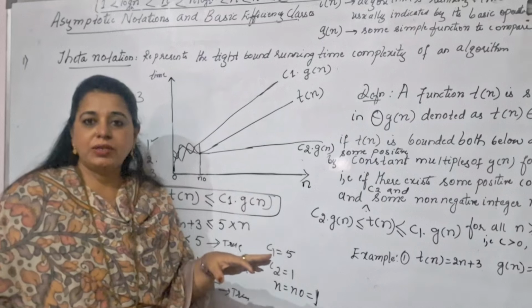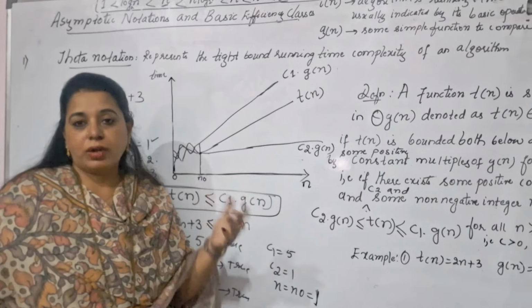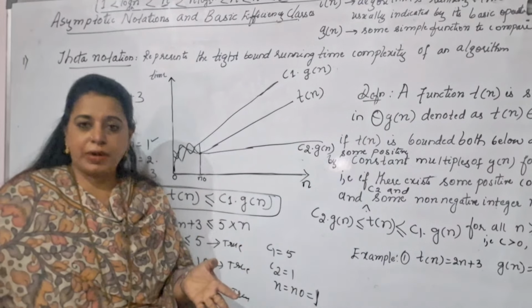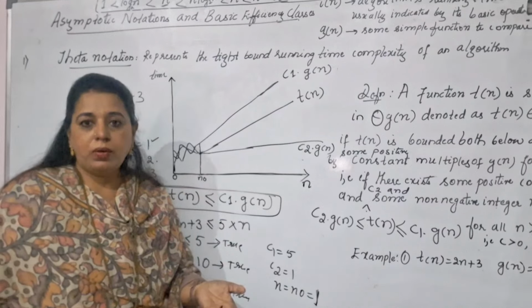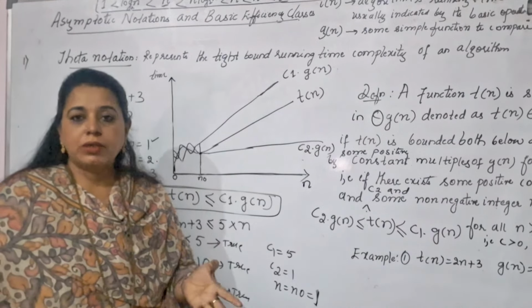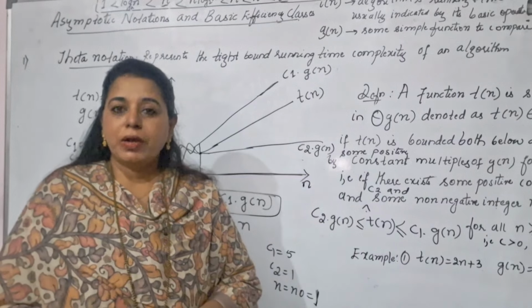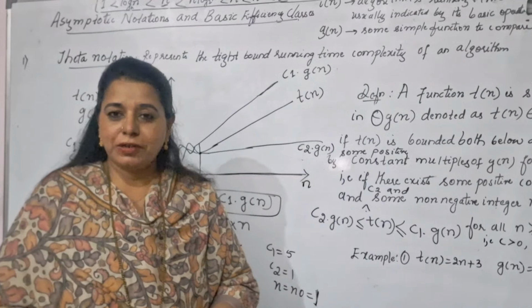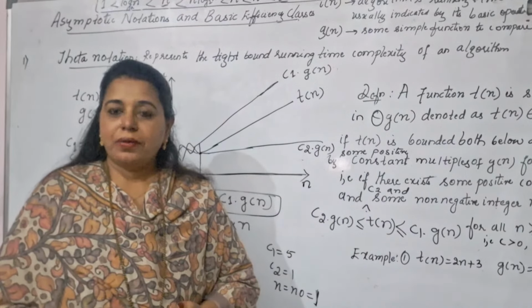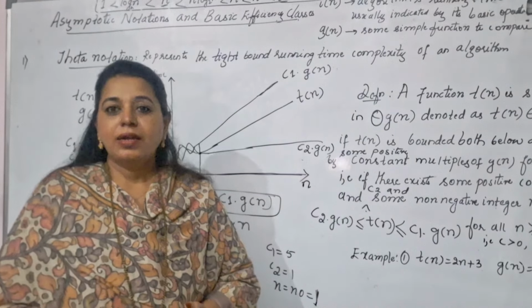Given will be t of n and g of n. Then you need to find what is asked in the exam, whether they have asked you to find out the lower bound or upper bound or the tight bound, because in the question it will not be mentioned whether you have to use the equation for the big O notation or the omega notation or the theta notation.